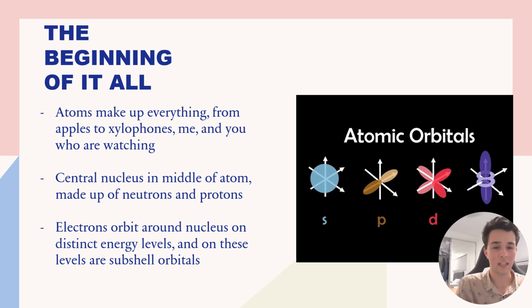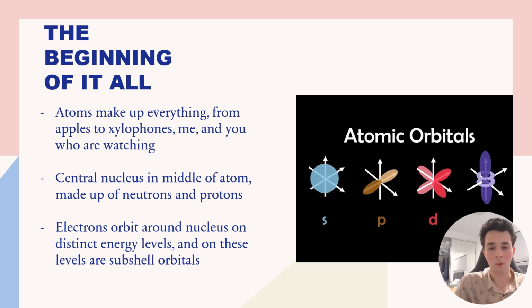Anyways, these electrons can appear on distinct energy levels: your first shell, your second shell, your third shell, your fourth shell, and so on up to the seventh. On these shells, you have atomic orbitals. Orbitals are where the electron is most likely to be, in a probability sense.